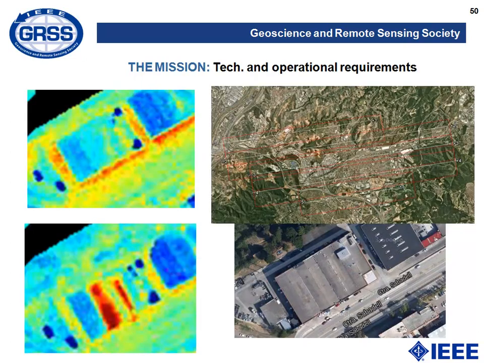The next example is related to energy leaks and detection of materials. For this example, it was necessary to use long-wave infrared or thermal bands to detect energy leaks from industrial resorts.